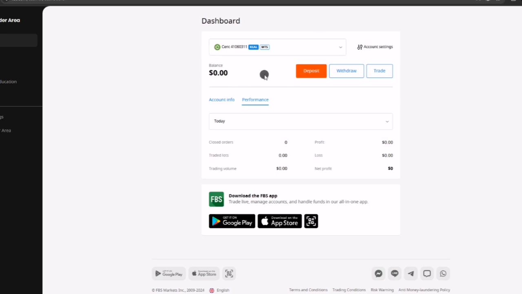Okay, so on this broker, don't open a standard account. When you open your accounts here, you are going to see different types of accounts. You have to choose between live or demo. You will then choose live, and then you have to choose whether you want to trade on MT4 or MT5.